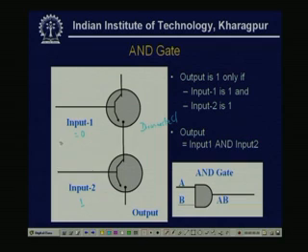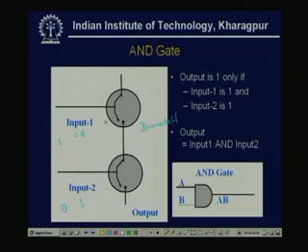Even if it is 1 and 0, the output is 0. And if both are disconnected, then obviously the output is 0, because there is no path for current flow.